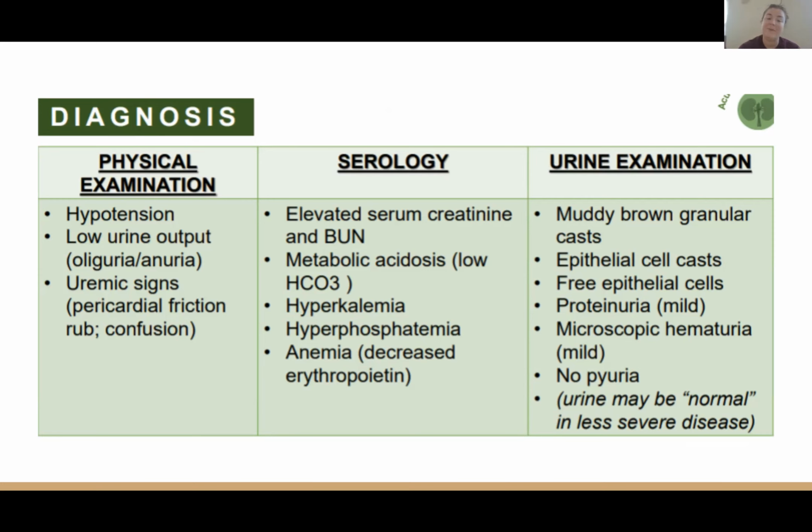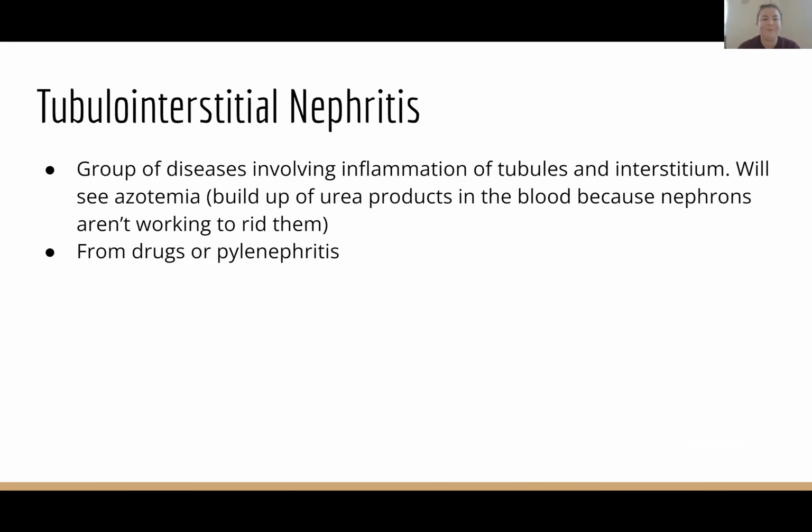So you have metabolic acidosis. You're also not getting out the potassium, phosphate, and then you can have anemia because of decreased erythropoietin. Again, I told you that muddy brown casts are the hallmark of tubular injury. So that's why you're getting that, because you know you have tubular injury, the cells are sloughing off into the lumen, then you're getting it out.